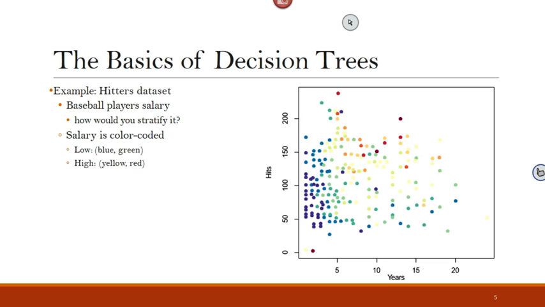Now, if those are not color coded, if they are all dark black, but you have the outcome, you have the values, or you have the class, and that's all. So how do you go about selecting which predictor and what cut point, or where to cut? Should I start with years, or should I start with hits? And if I start with years, what year should I choose?